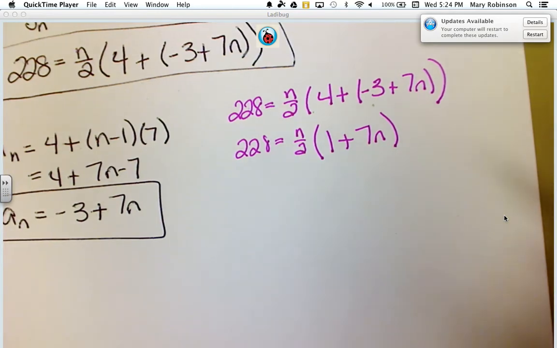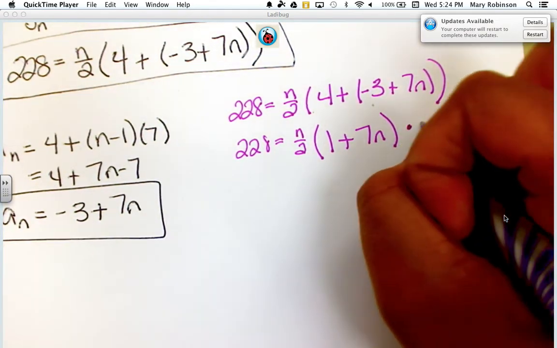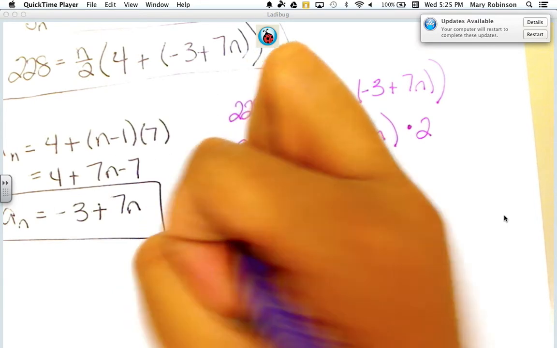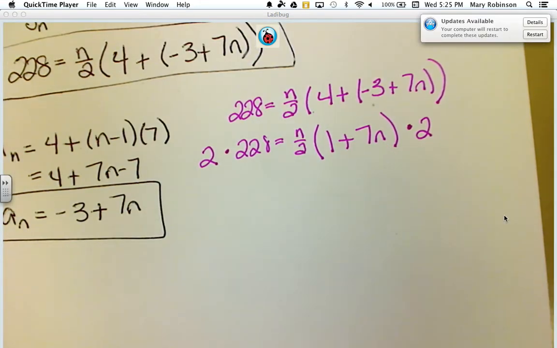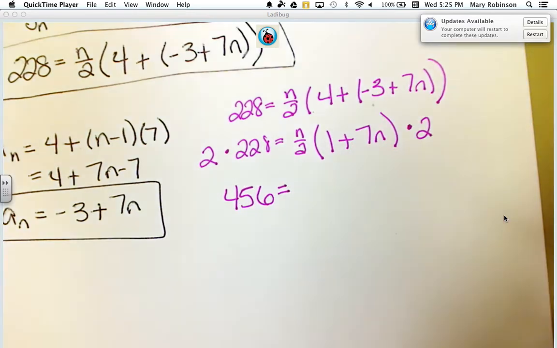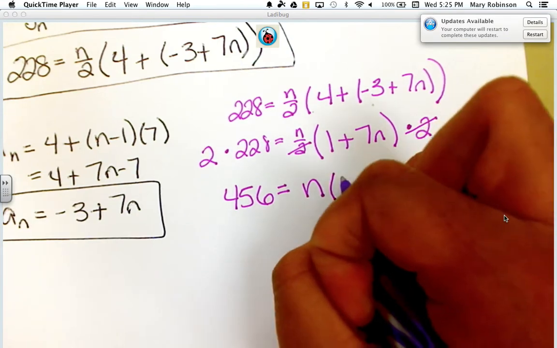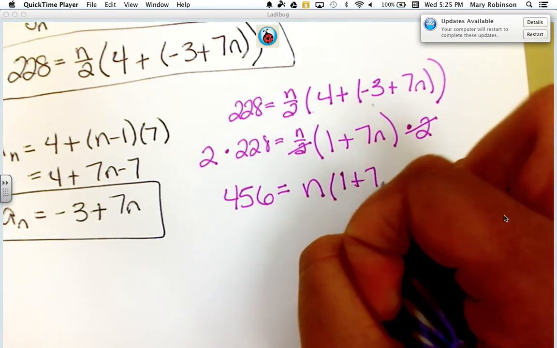Now we multiply both sides by 2 to get rid of the fraction. 2 times 228 gives you 456. The 2's cancel on the other side, leaving n times 1 plus 7n.